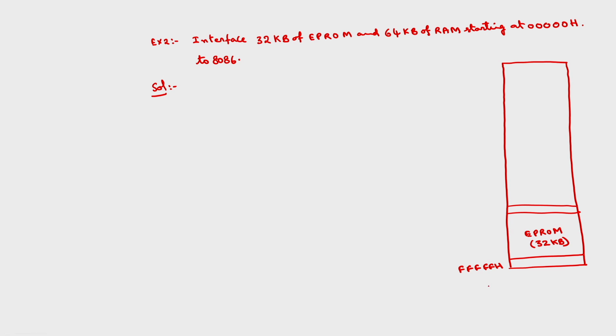As I have discussed in the earlier class, 1K means it is 3FF. 2K means you have to add 7FF. 4K means FFF. 8K means 1FFF. 16K means 3FFF. 32K means 7FFF.